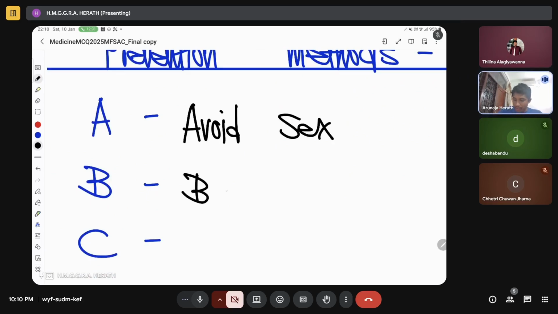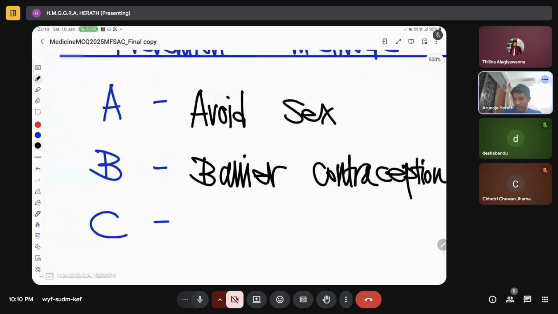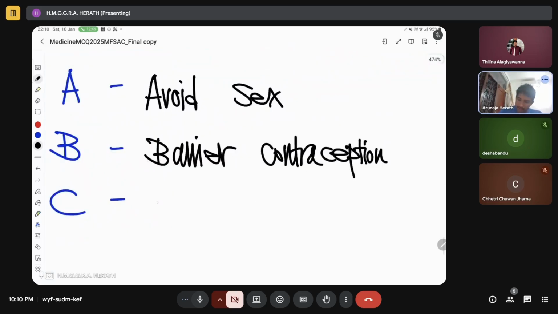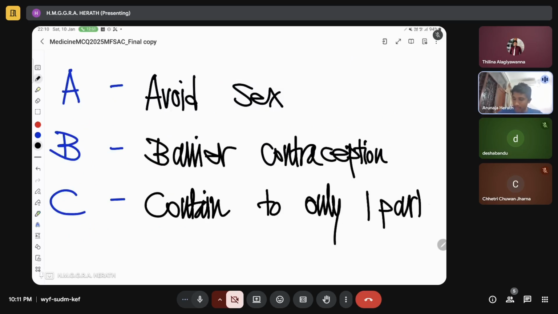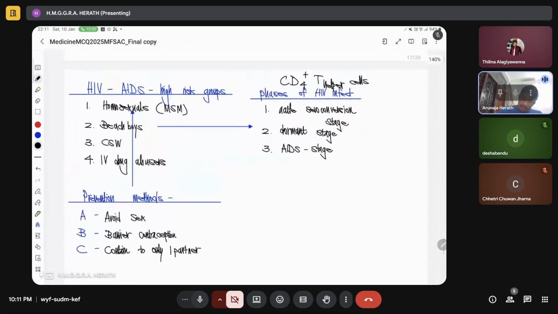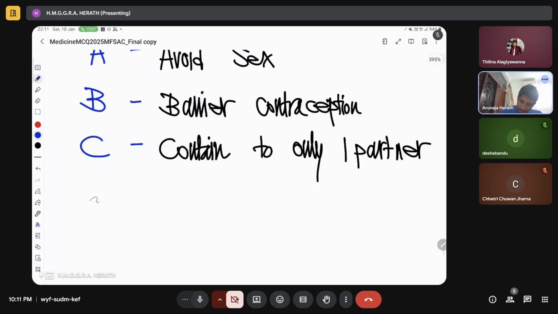B is you can ask the patient to use barrier contraception. And what is C? C is you can contain yourself to only one partner. Right? These are the prevention modalities of AIDS. And then you can also do post-exposure prophylaxis.